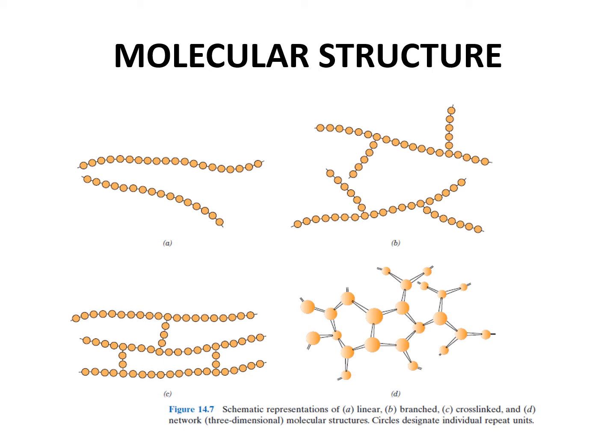Many rubber elastic materials are cross-linked. This cross-linking process in rubber is called the vulcanization process. We will discuss this vulcanization process later. So in cross-linked polymers, the bonds are covalent bonds, whereas in linear polymers, the bonds are van der Waals and hydrogen bonds.